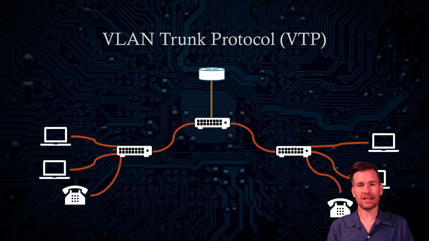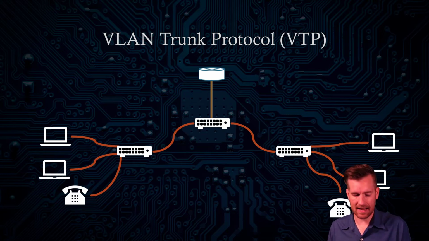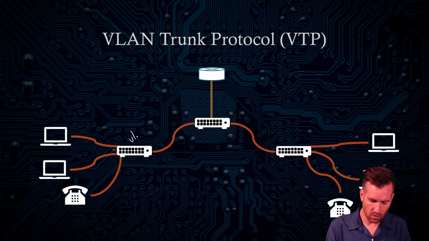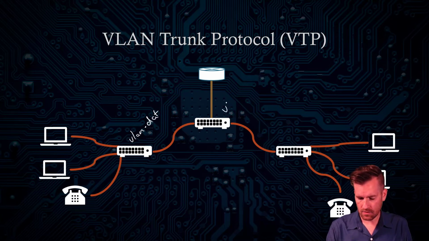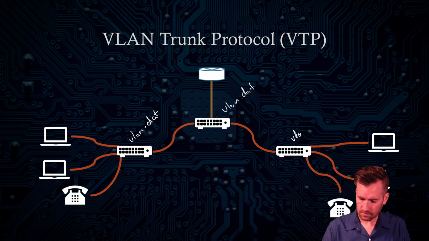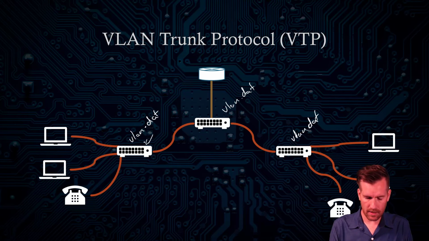So we've talked about so far how to add VLANs to the switches, and that it gets stored on the VLAN.dat file. So each one of these switches has a VLAN.dat file, and when you program that switch, that information goes onto the VLAN.dat file.